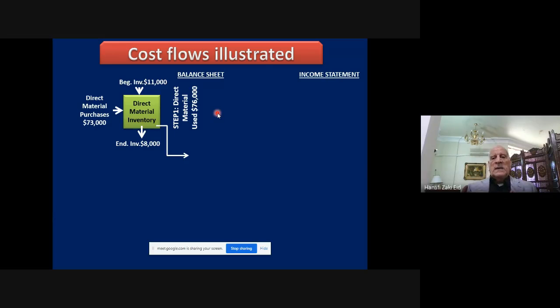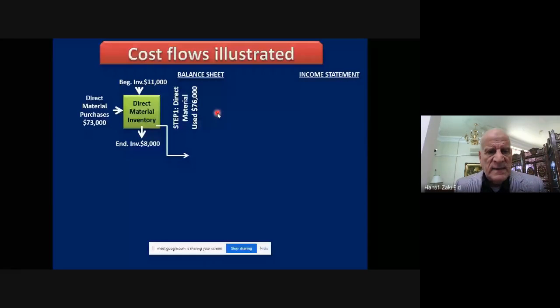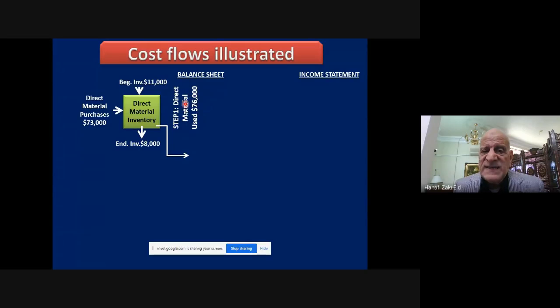But look, this method in determining the cost of materials used is not precise, because the difference between ending inventory and the total amount of material available for use does not mean that all this difference is issued to the factory and used in production.